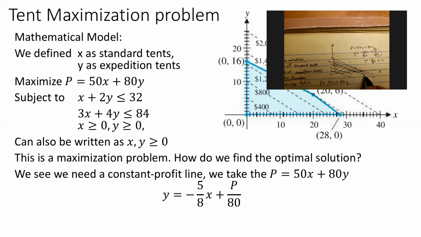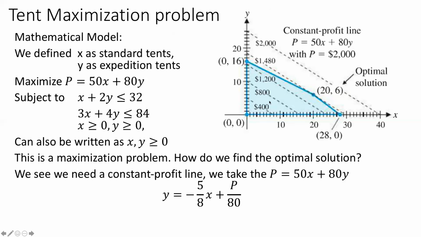And where it last touches, right here, is the profit maximizing value. Now, if you were to look at the nice graphic that's here, all these dotted lines coming out are different values of P moving outward. Either way, that's basically how we'll use chapter 6 when we start doing the simplex method.